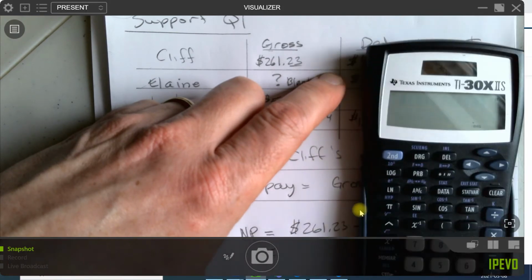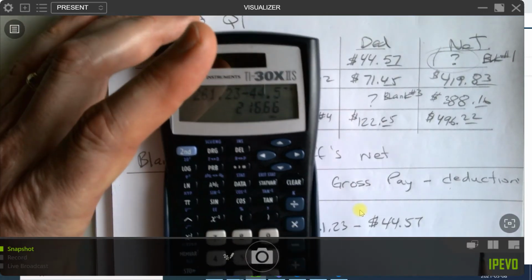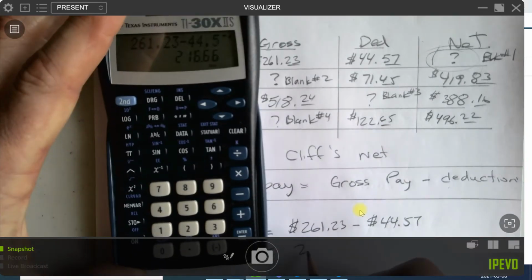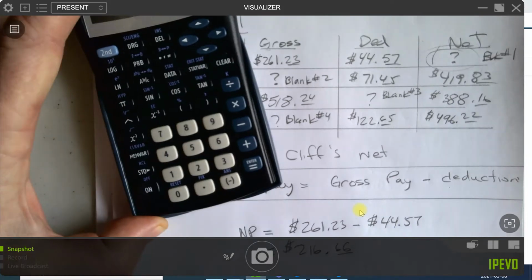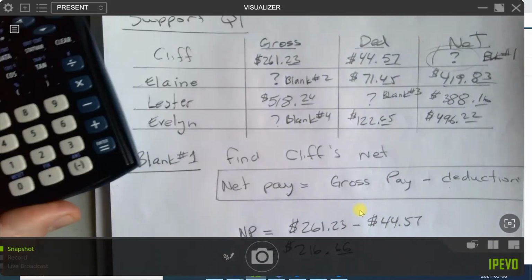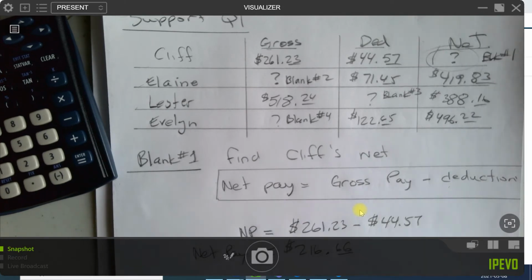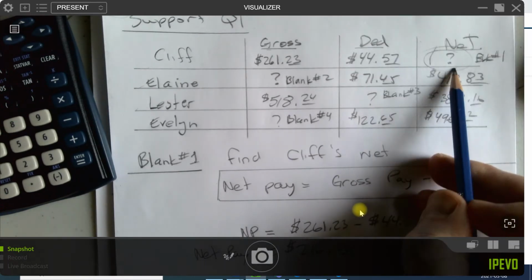So 261.23 minus 44.57 gives us $216.66. There we go. So that's the gross pay, or sorry, that's the net pay. So that's blank number 1. So that's our answer for Cliff's net pay.